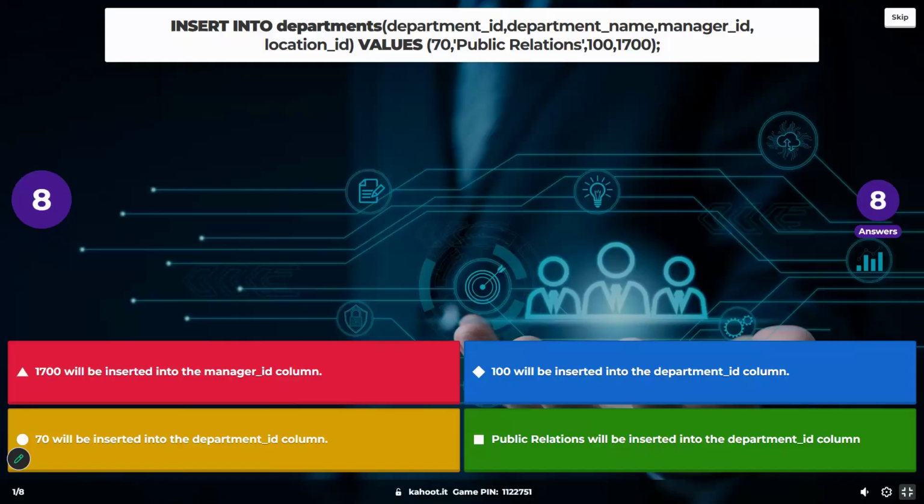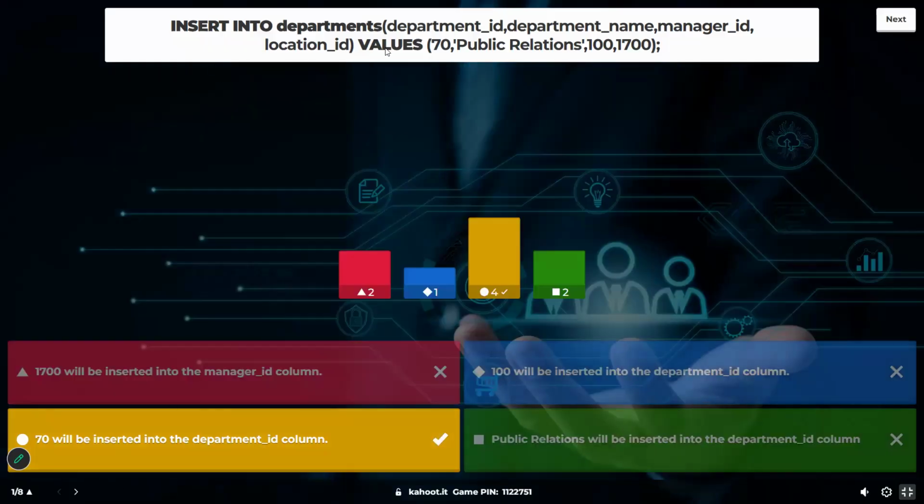Yes, 70 will be added to the department ID. We all see that. 1700 was the last, and that's the location ID. 100 was the manager ID, not the department ID, and public relations was the department name. So 70 is the correct answer.